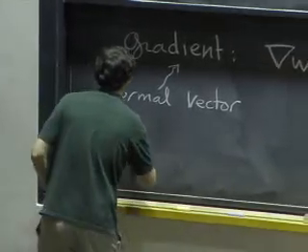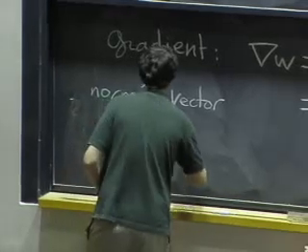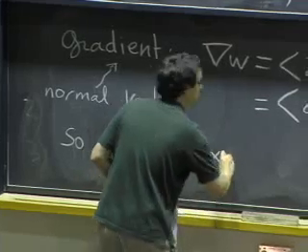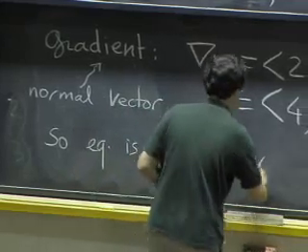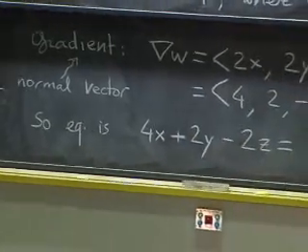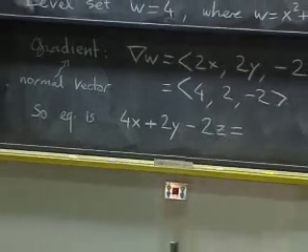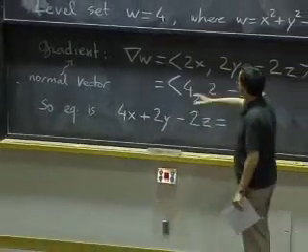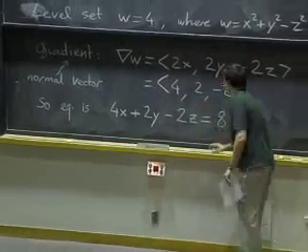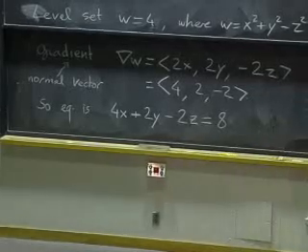So the equation is 4x plus 2y minus 2z equals something, where something is, well, we should just plug in that point. We'll get 8 plus 2 minus 2, which is 8.